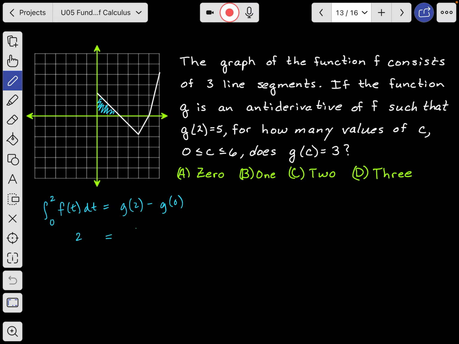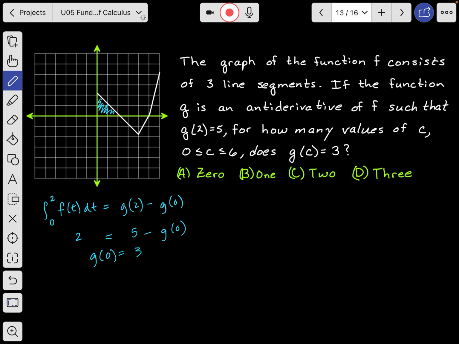So 2 is equal to g of 2, which is 5, minus g of 0. So our starting amount, g of 0, is equal to 3. All right, so that's one, we're starting at 3. Okay, so let's add on some area.